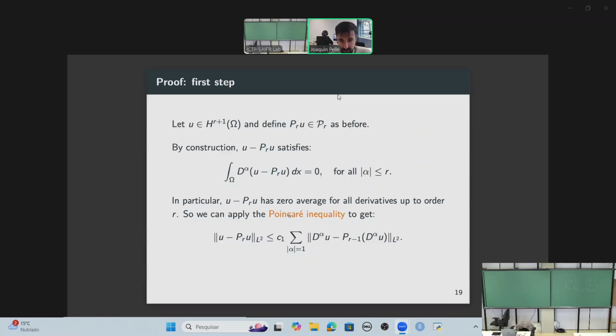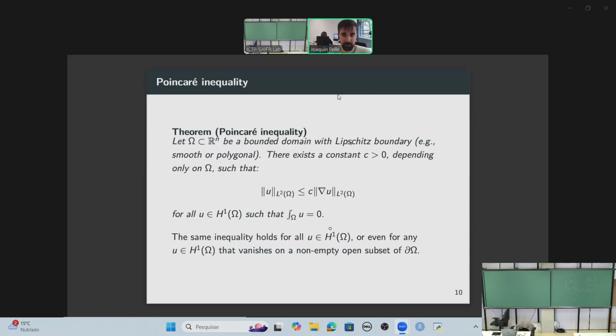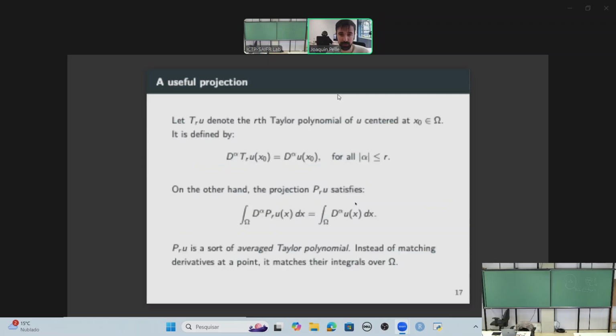So these are the conditions that the Poincaré inequality requires. If you remember from here, we're going to use this inequality here, because we know that the average of the function is 0 on our domain. So we are allowed to use the inequality.